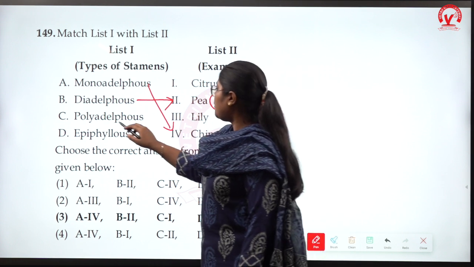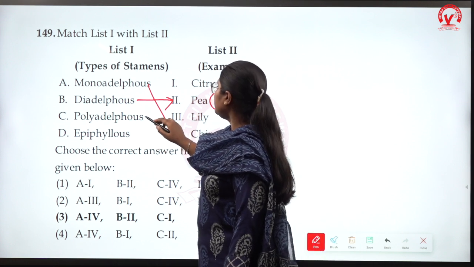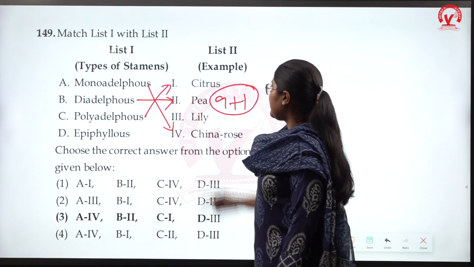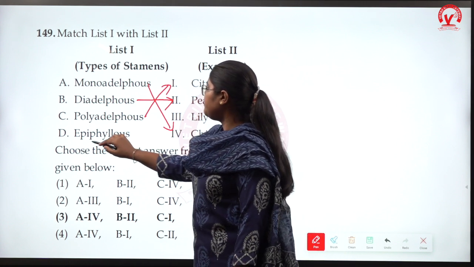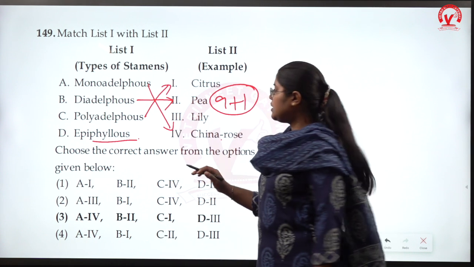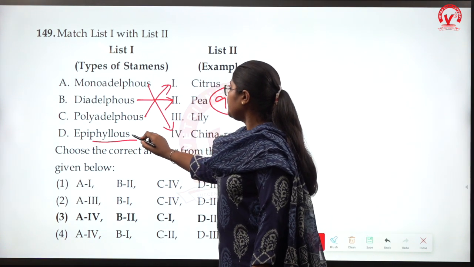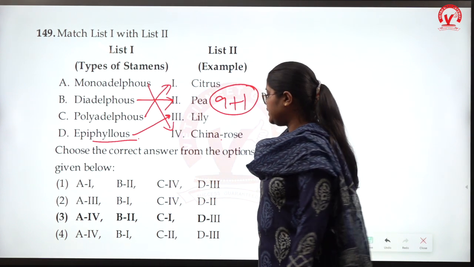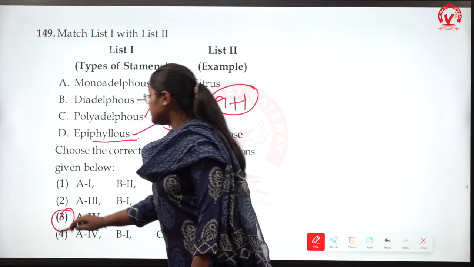Next, polyadelphous means more than two or three branches, that is a characteristic of citrus. Epiphyllous means tepals are attached to the stamens. Epiphyllous stamens are a character of the Liliaceae family. So option 3 is correct.